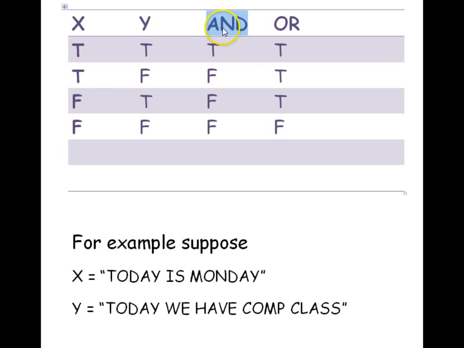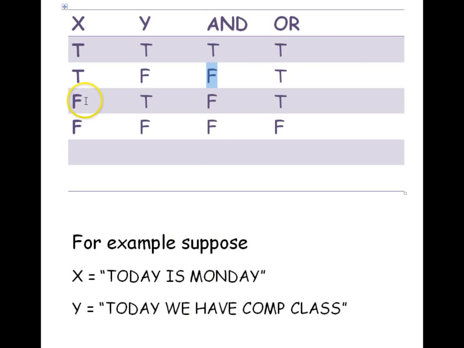Suppose I'm still using the word and, but suppose it actually is Monday but we don't have class, but I use the word and. In other words, I say today is Monday and we have computer class. You would say, no, that's not true. That's false. Okay?